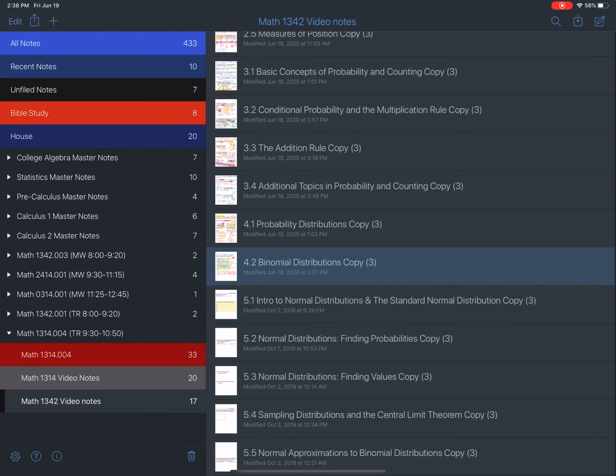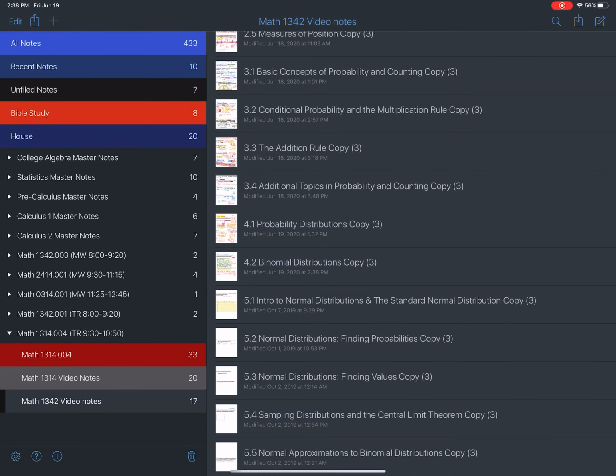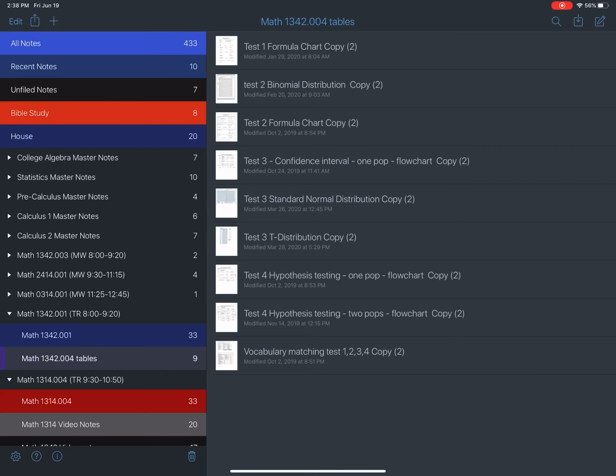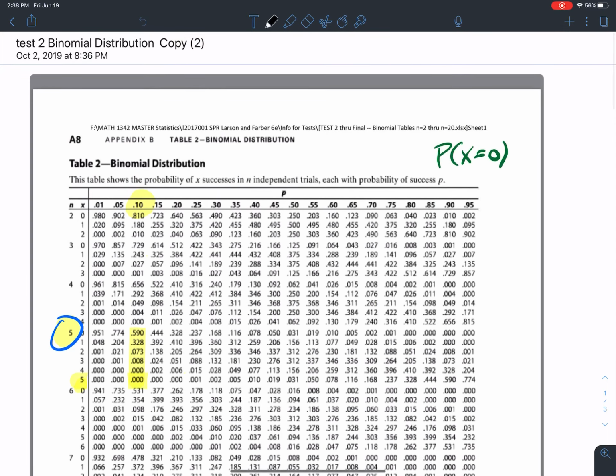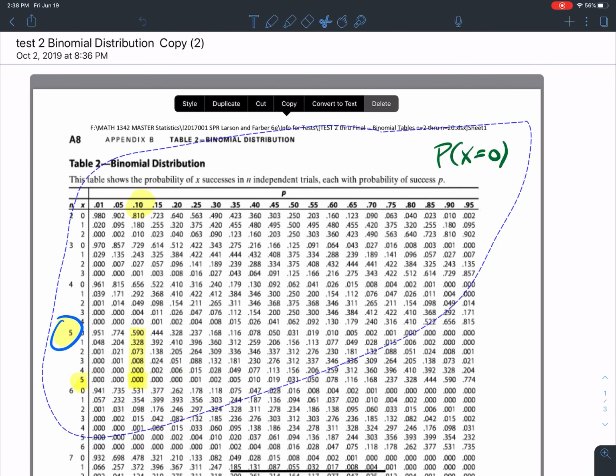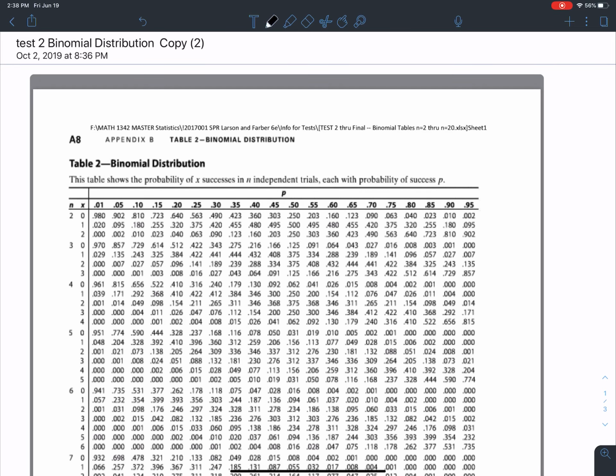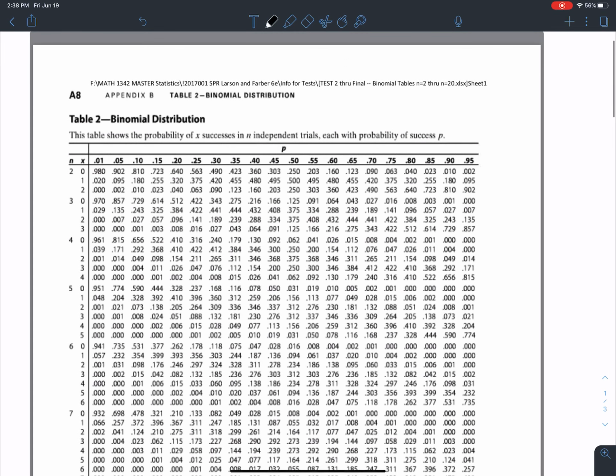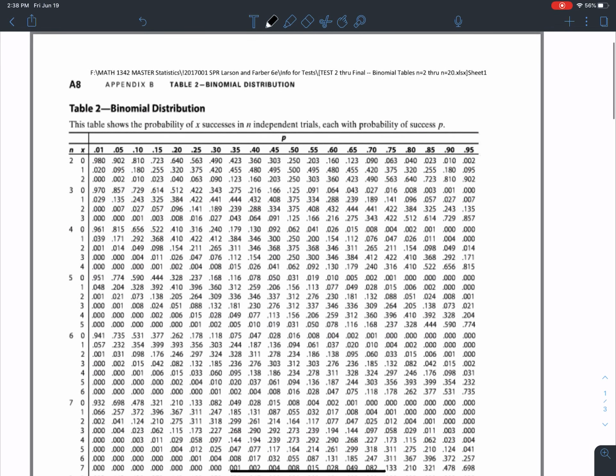So I'm going to go in and see if I can't find a table. And so here's what we're going to do. Let me clear this out. All right, so I've got my table I'm looking at here. First thing I do is I start with the n.